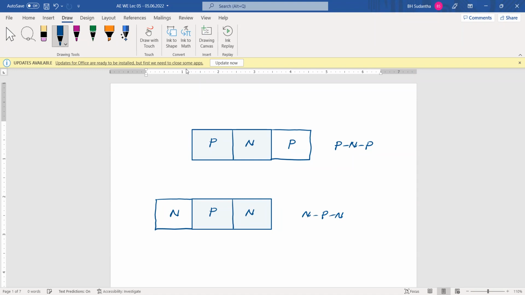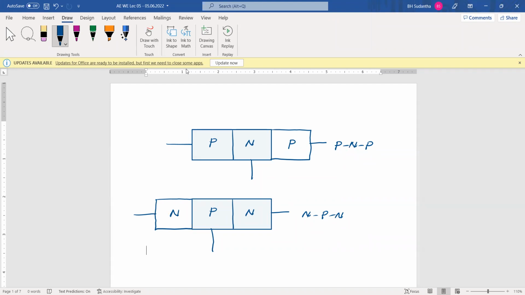But anyway, for these three parts, we can have three connections. Here also we can have three connections for these different types of semiconductor blocks. Then you can see here we have one junction and another junction.